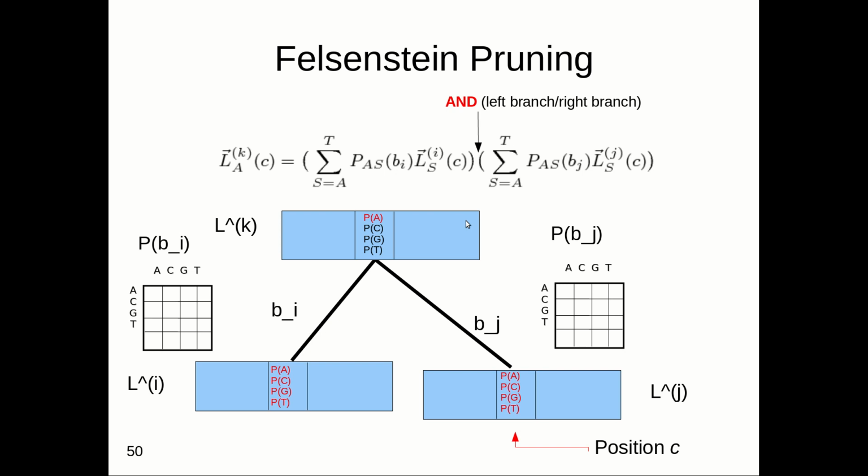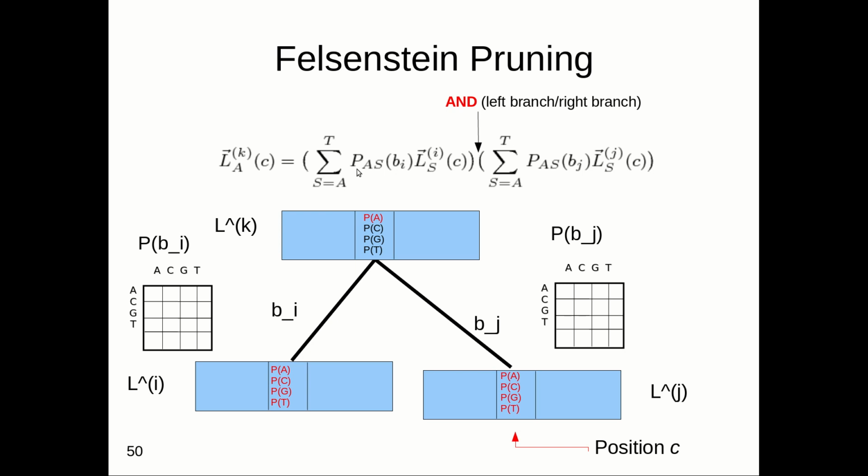So you consider all possibilities of going from the child vector to one specific discrete entry in the root vector, and then you compute the sums, which are shown here.